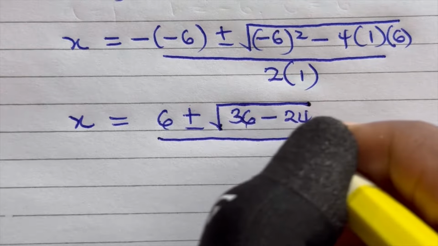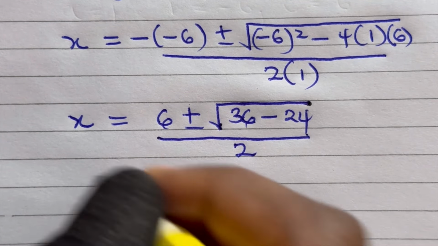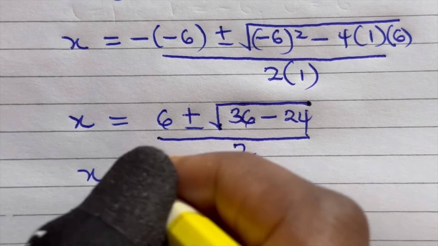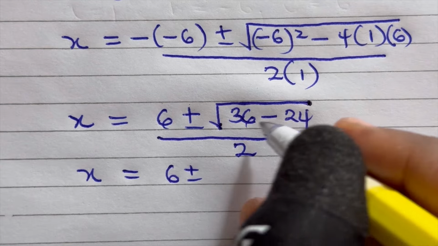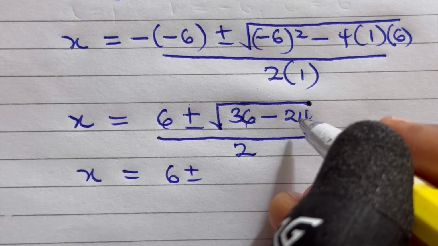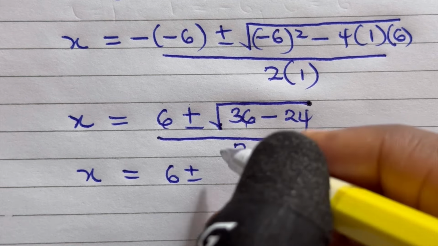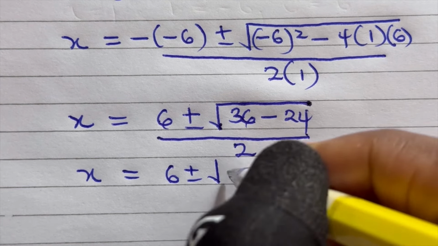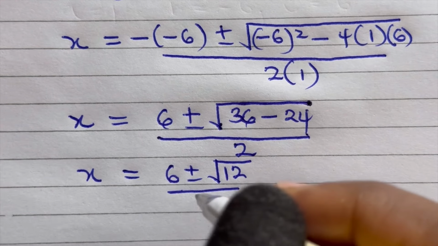Then all divided by 2 times 1 is 2. And then going forward, this is x is equal to 6 plus or minus the square root of 36 minus 24. That is 12. So we have the square root of 12 divided by 2.